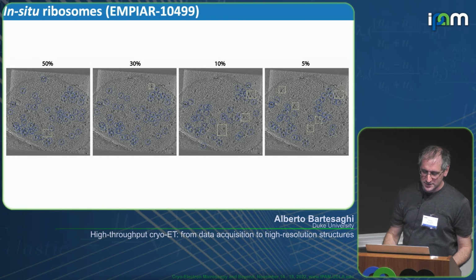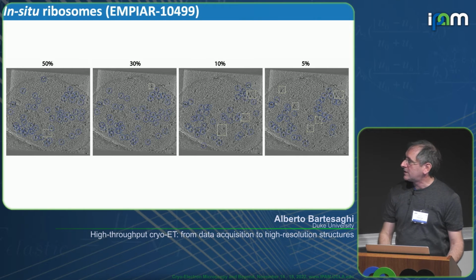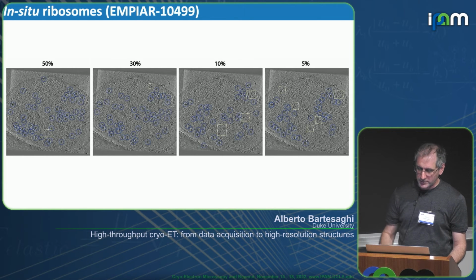So we also ran this on this in-situ sample from EMPIAR-10499. These are the ribosomes inside the cell, and we also labeled this manually and then reduced the number of annotations to see with how few labels we can get away and still get good performance.